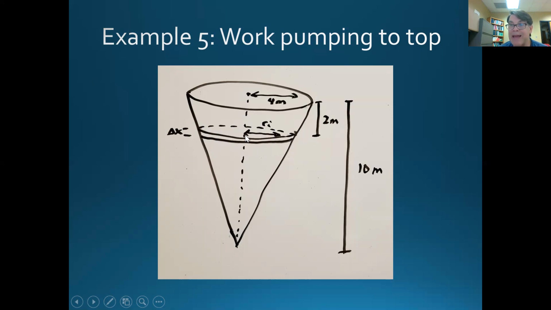Pi r squared h, if you remember, is the formula for the volume of a cylinder, so h is basically little delta x, and pi r squared, where r is wherever we're at in this thing. We know what pi is, we know what r is, so we're good to go. Let's move on.